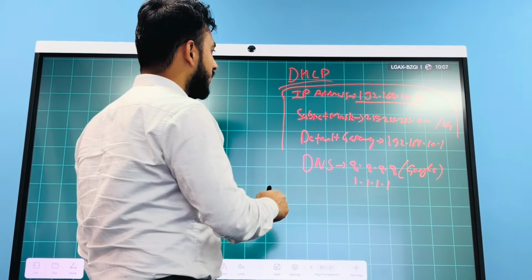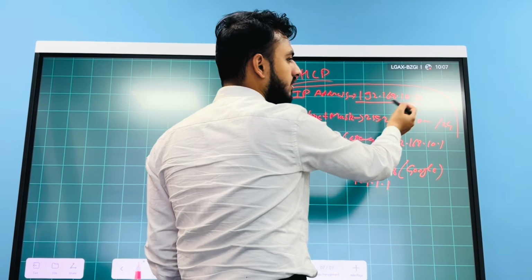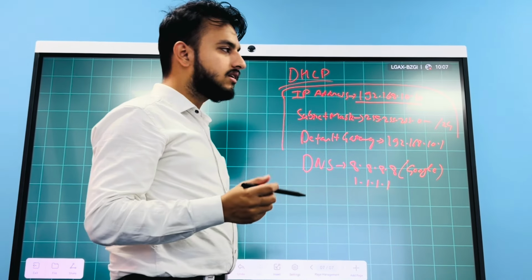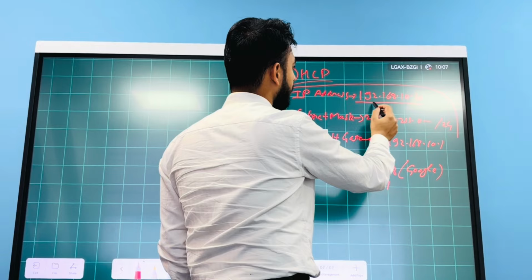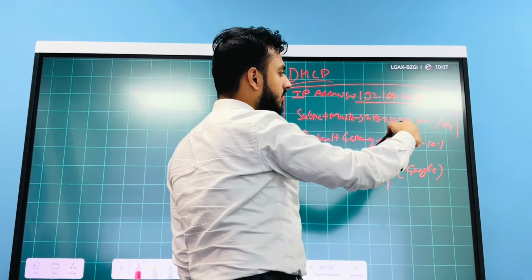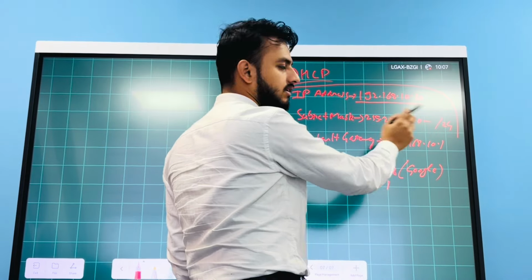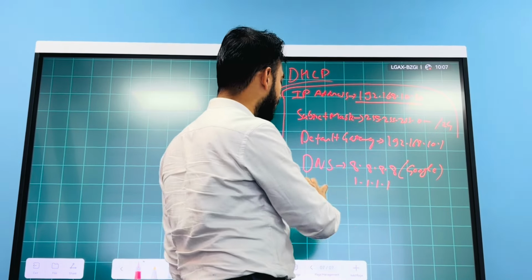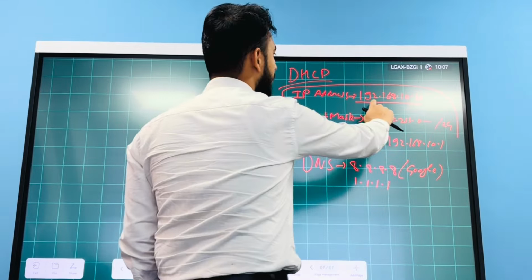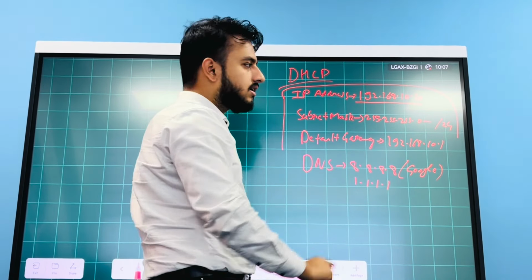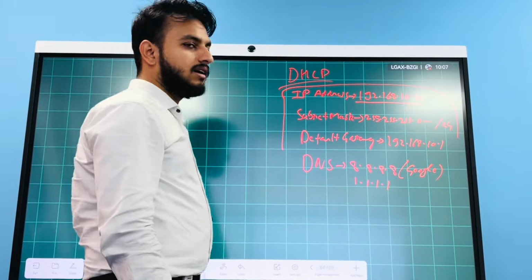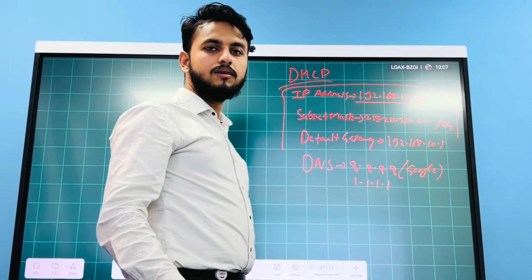Let's suppose we have 10 PCs in our local system. It is easy, you can go to each of the 10 PCs and just increase the IP number like 10, 11, 12, 13, 14, till whatever you want. The subnet mask will be the same, default gateway will be the same, DNS server will be the same. You can manually type it, and change the IP address because it should be unique for every user. 20 PCs is okay, we can do it.